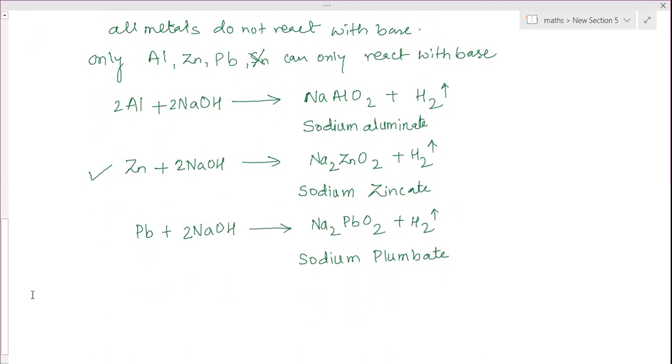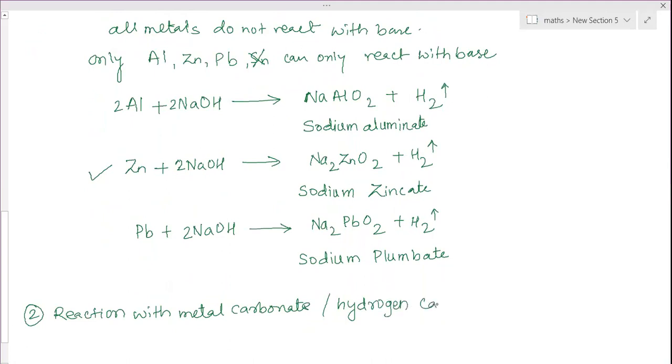Yes, ma'am. The next is reaction with bases, metal carbonates. Metal carbonate or metal hydrogen carbonate, that is bicarbonates.